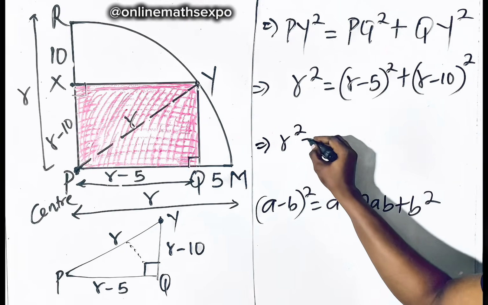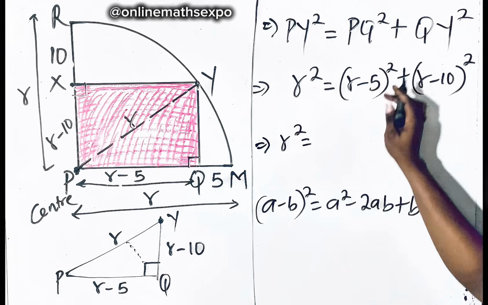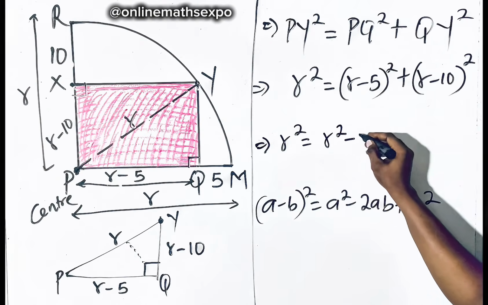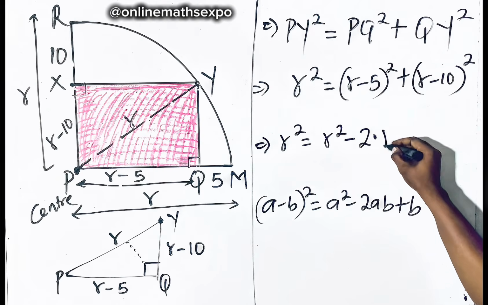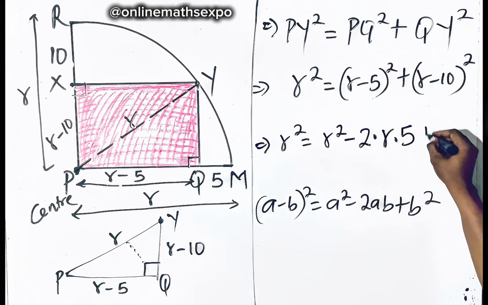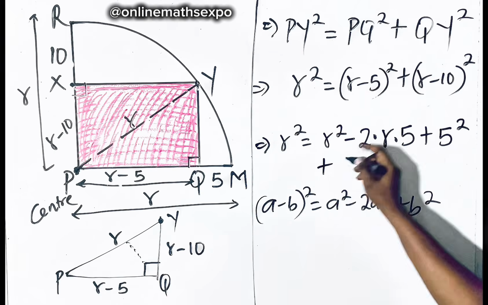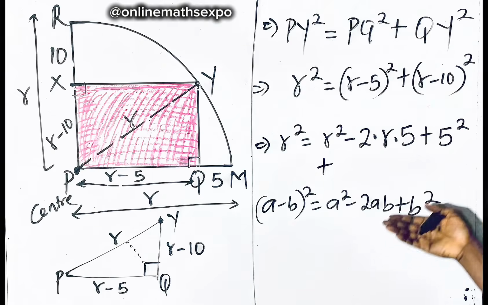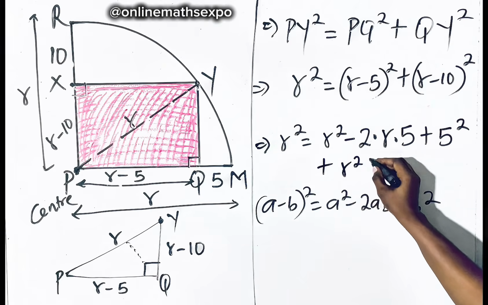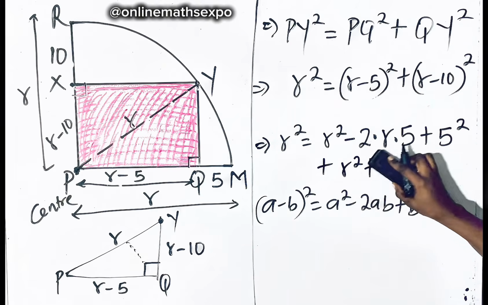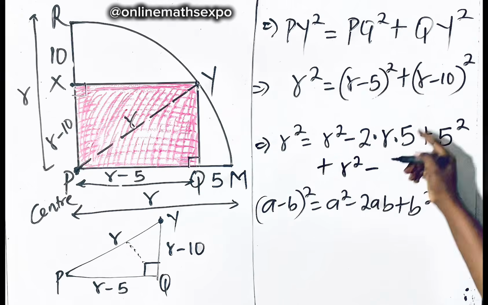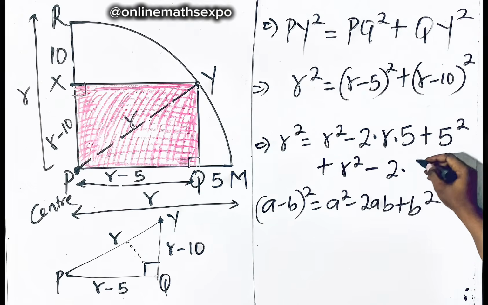So we have R squared is equal to, this will give us R squared minus 2 times R times 5 plus 5 squared. Then plus, for this, apply this here. We have R squared, then minus 2 times R times 10, then plus 10 squared.